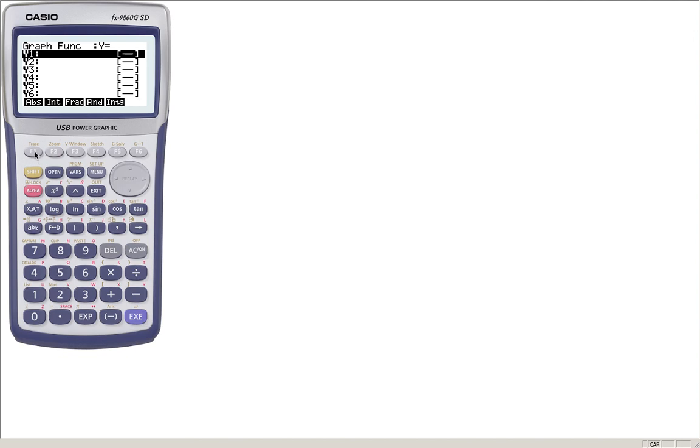So press F1, bracket, x squared minus 3, close the bracket. You can see the graph of x squared minus 3 is given. Let me exit, let me change it to standard, shift view window, let me make it standard. Yeah, now you see the graph of absolute value of x squared minus 3.